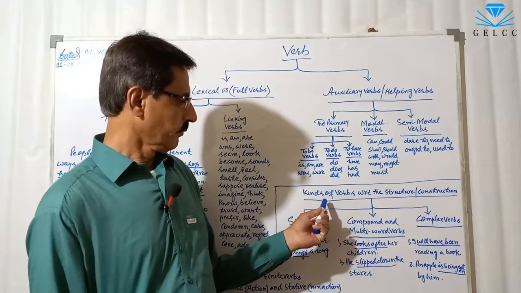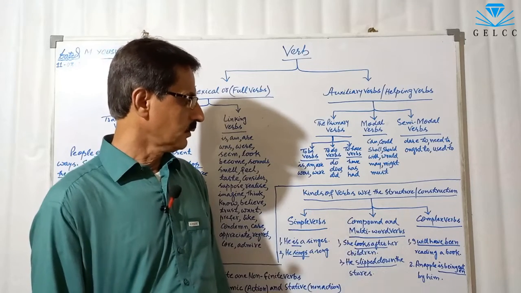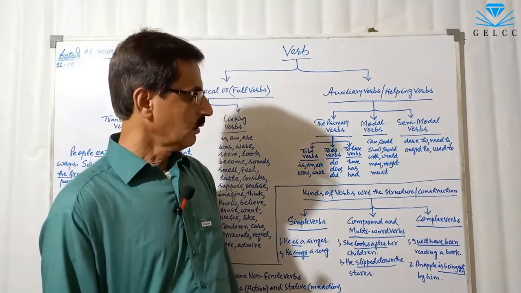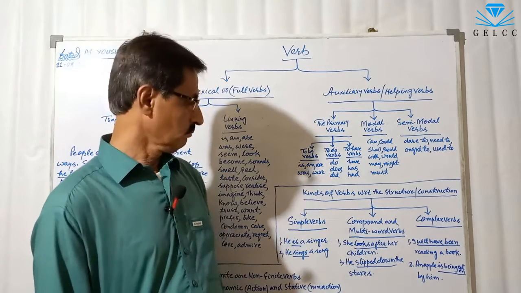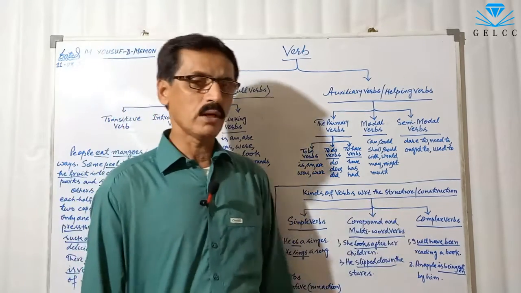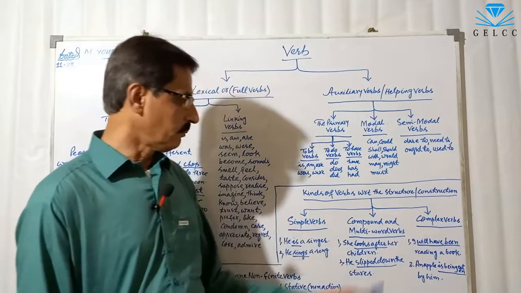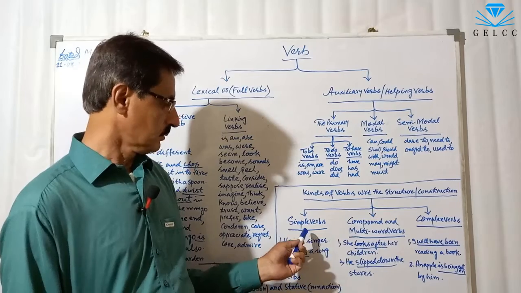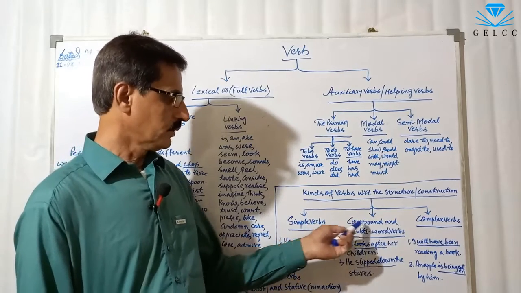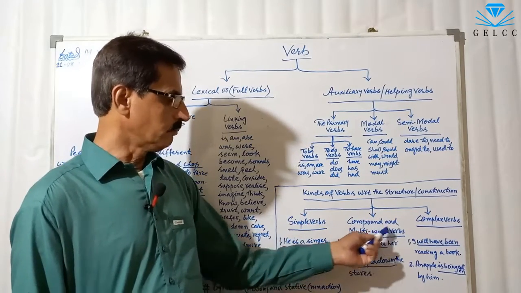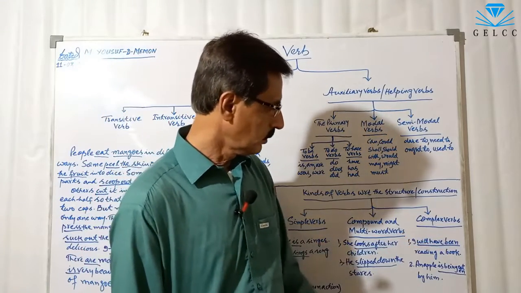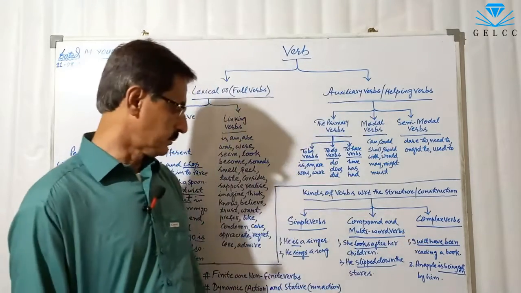Now, kinds of verbs with respect to structure or construction. According to structure or construction, the verbs are divided into three parts: simple verbs, compound and multi-word verbs, and complex verbs.